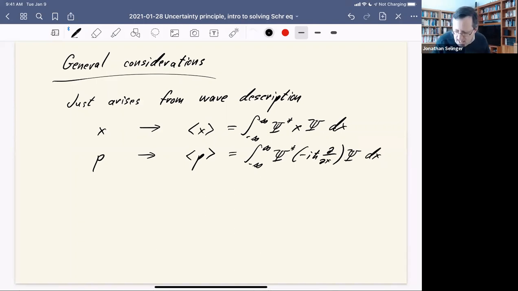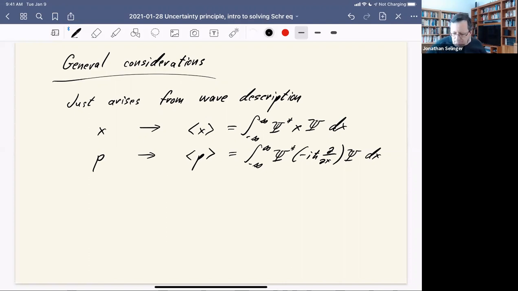And then, if we define position and momentum in this way, we automatically get the uncertainty principle. It's a consequence of working with waves. We can't avoid it.